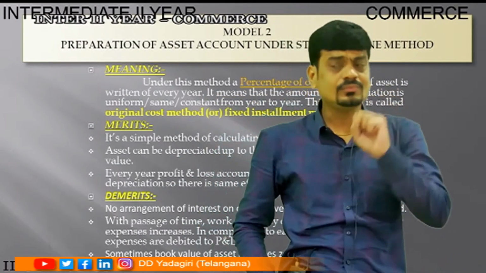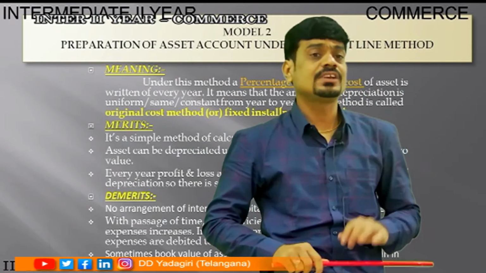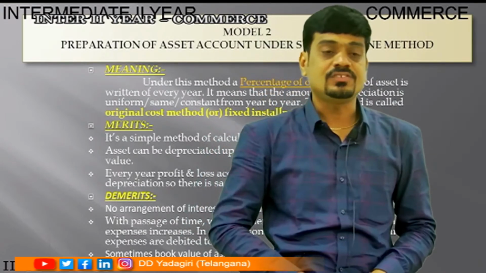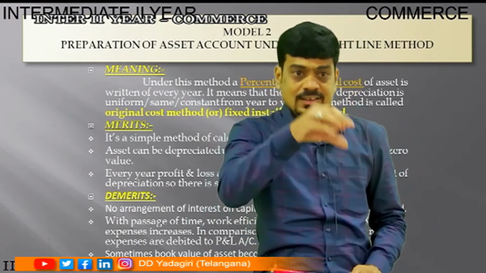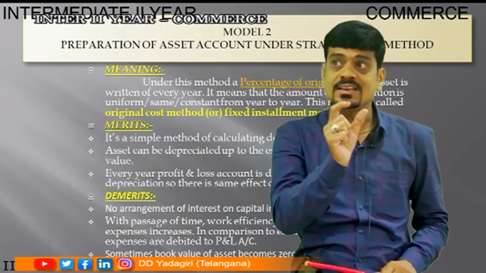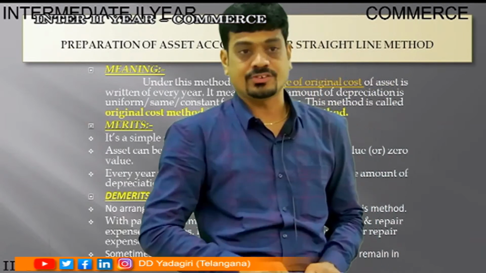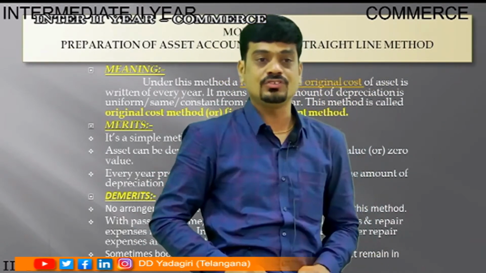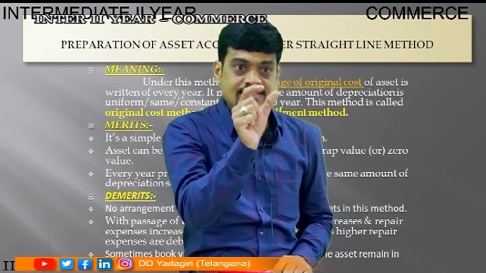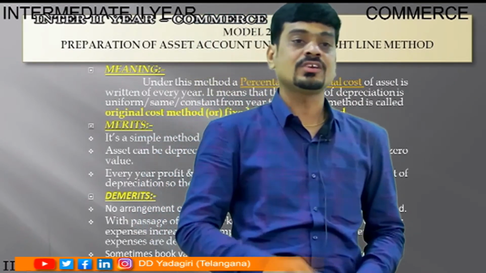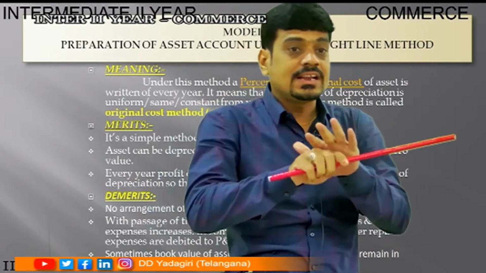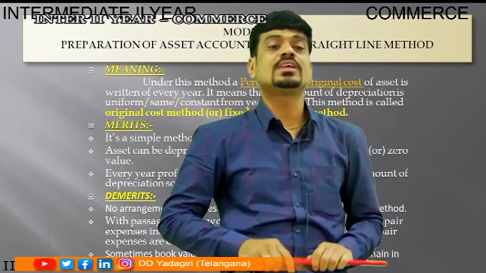The meaning of straight line depreciation is that in this method a percentage of original cost, a concept we have already seen, is taken as depreciation, and that will remain constant throughout the life of the asset.